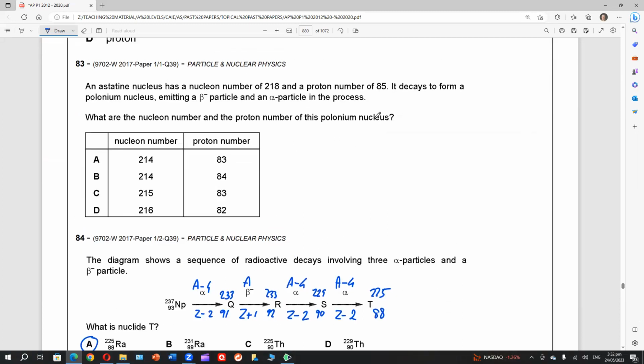Yes, you are right. An astatine nucleus has a nucleon number of 218 and proton number of 85. It decays to form a polonium nucleus emitting a beta minus particle and an alpha particle in a process.